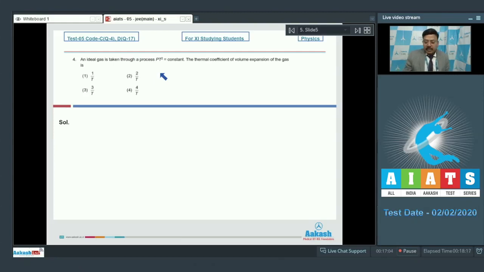So first of all, to get the expression for volume expansion of the gas, we know that we can write delta V, small change in volume of the gas, as the coefficient of volume expansion gamma V delta T, and this in fact gives us the fact that gamma is 1 by V dV by dt. Okay, so this is what we are going to use.